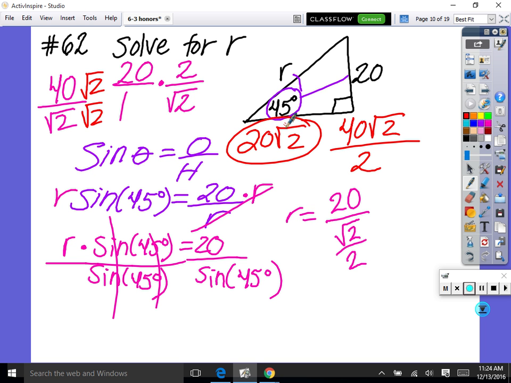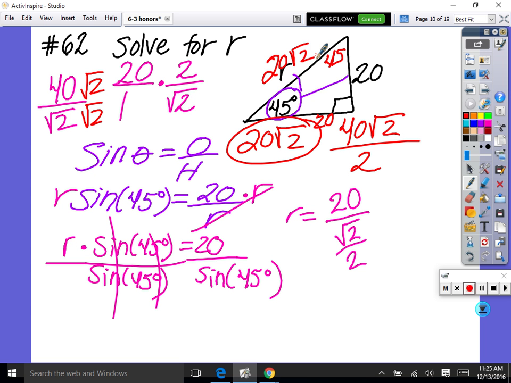There are right ways and there are long ways. As long as your math comes out right, it doesn't matter how you get there. And does it make sense? Like we know at 45, if this is 20, this is 20, right? And then this will be 20 square roots of 2. So yeah, but we just did it the hard way, which is fine because our math came out the same. Using the relationship of 45, 45, 90 degree triangles.